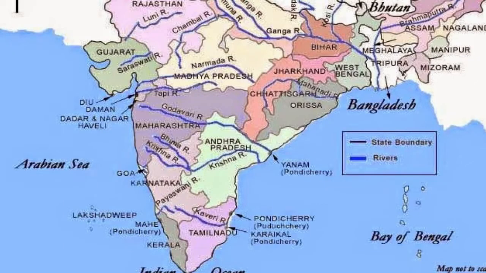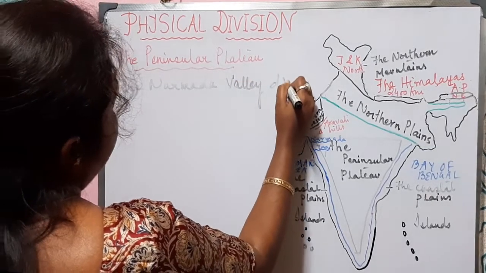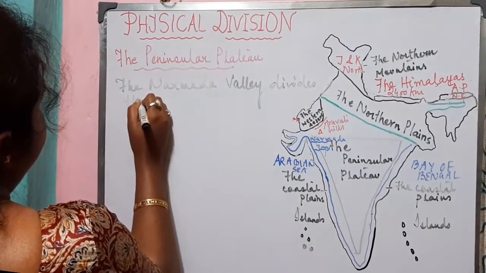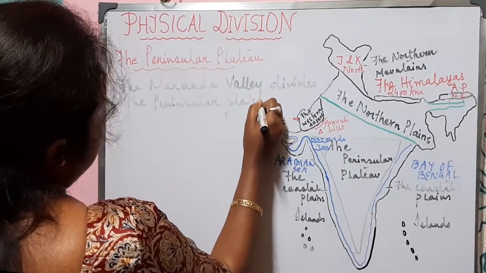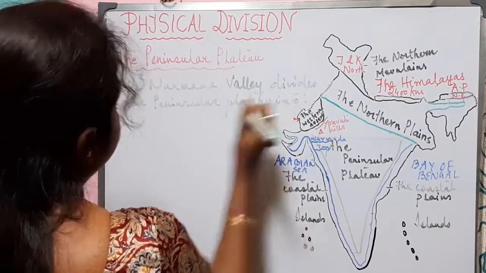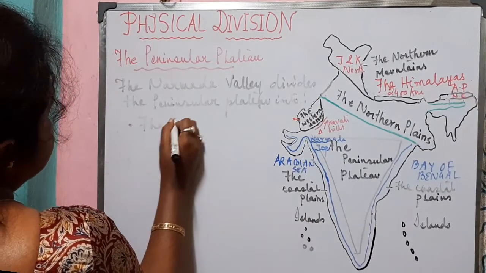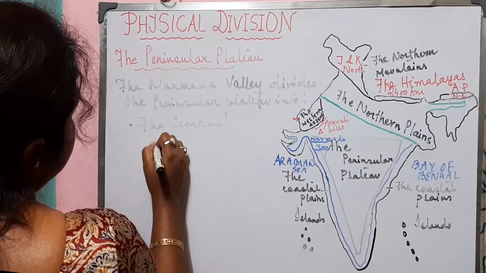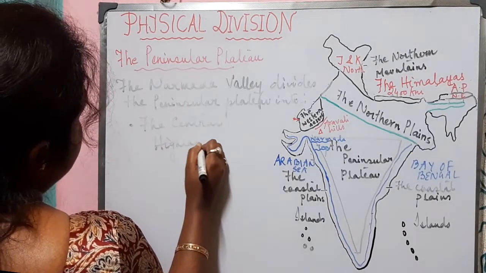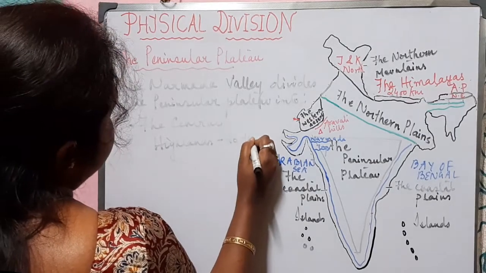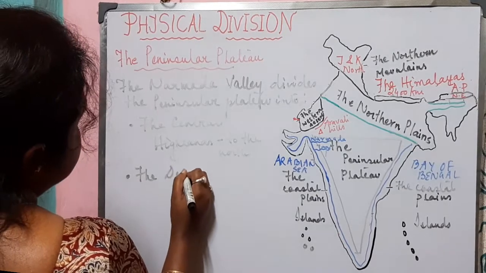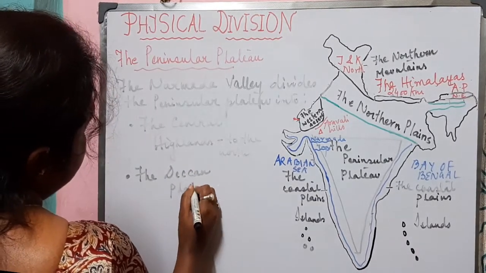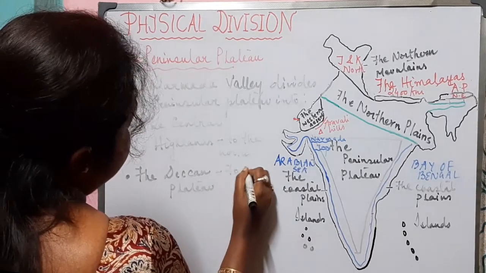The Narmada Valley divides the Peninsular Plateau into the Central Highlands to the north and the Deccan Plateau to the south.